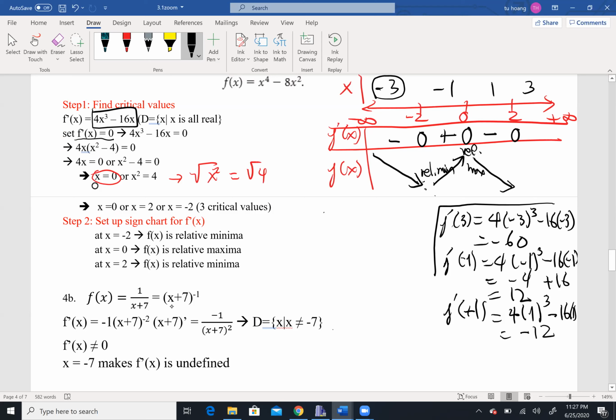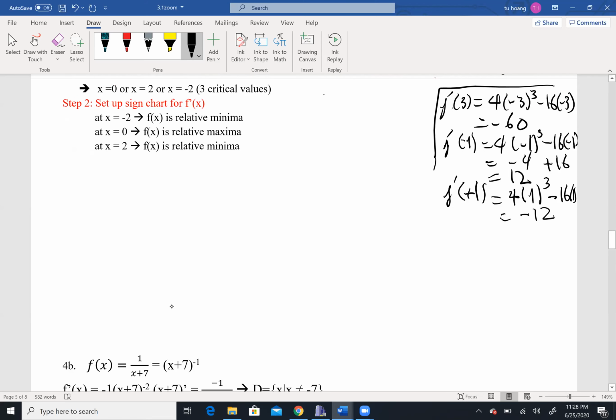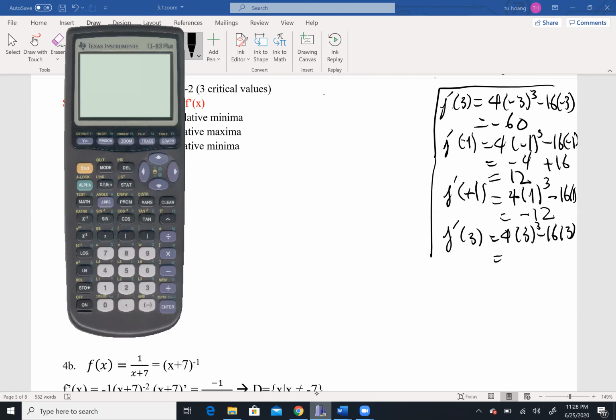For the last interval, I have x equals 3 as a test spot. So I have f prime of 3, maybe I have to move down a little bit. So I have f prime of 3 equal to 4 times 3 cubed minus 16 times 3, using the calculator better.